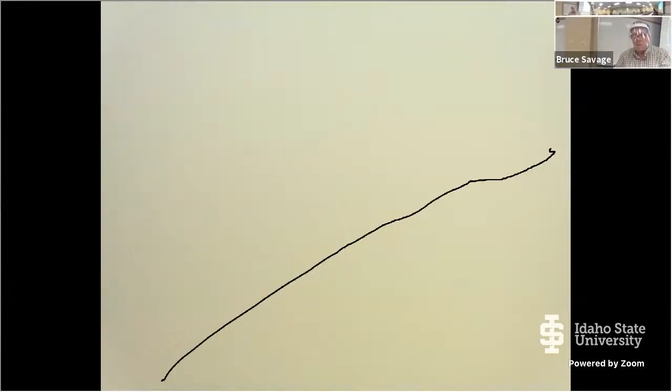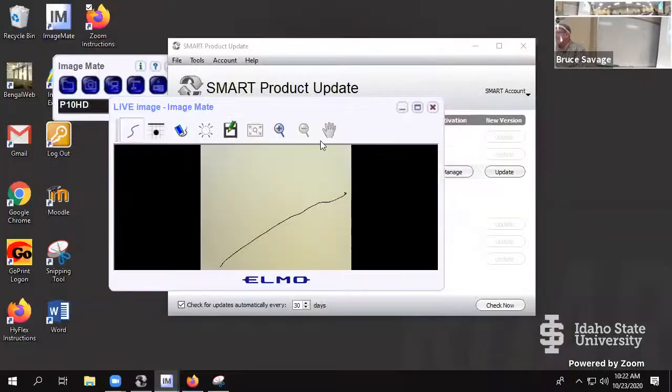Well, now how did that happen? When you move the Zoom people, it drew one. Where's the erase button now? Now it just erased. Okay.